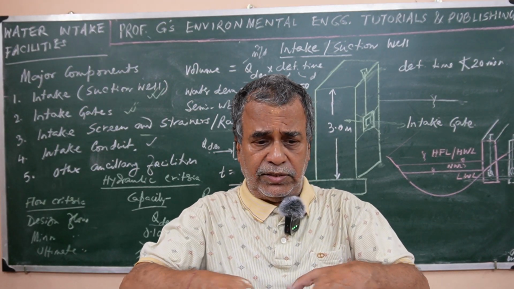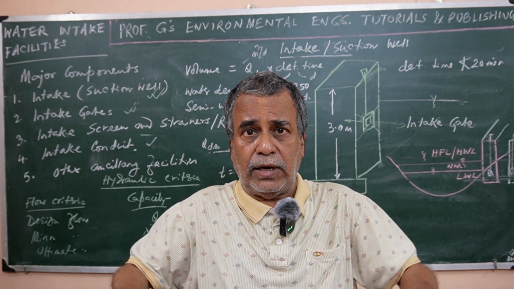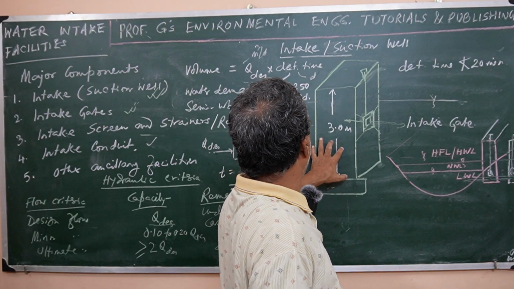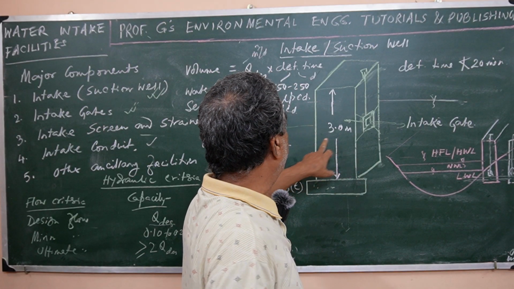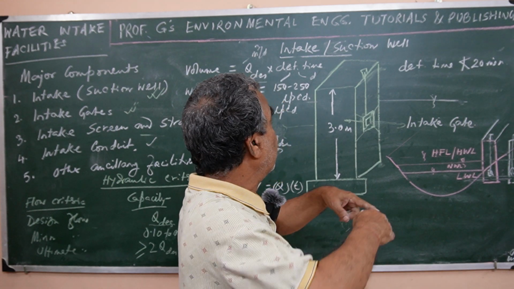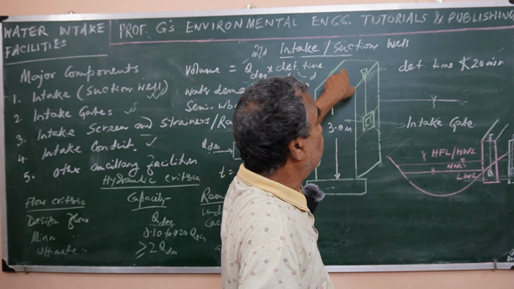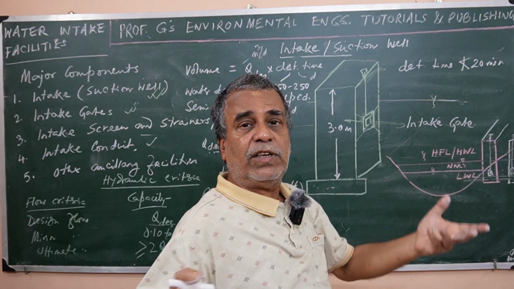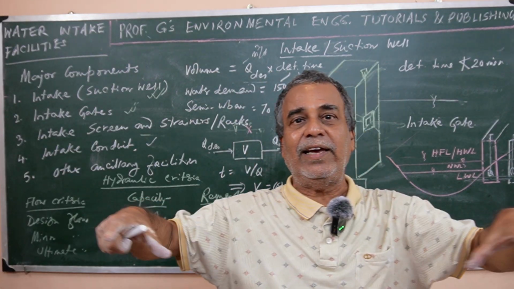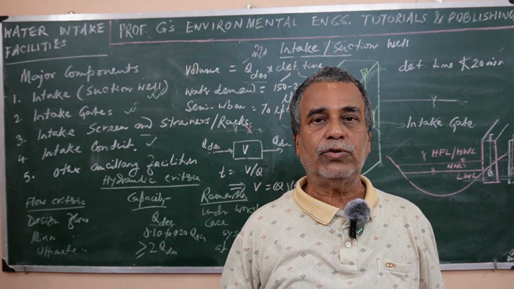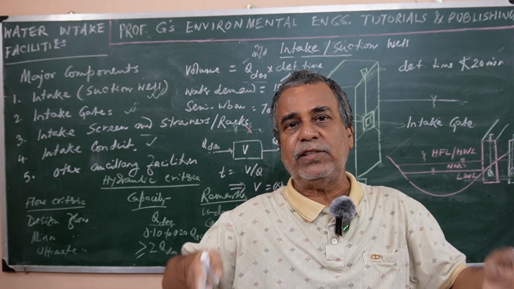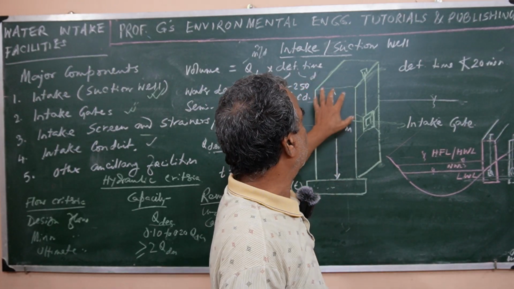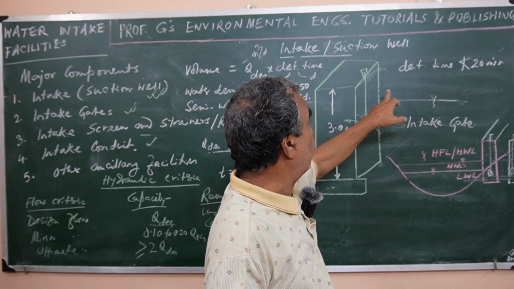Once you know the depth, if you divide the volume by the depth, you will get the surface area. And then mostly it is square, depending on the land layout or operational layout. So in that case you can get the side dimensions from the given surface area.